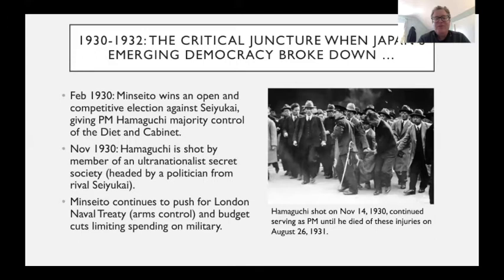At the time, universal manhood suffrage was instituted in 1925. Part of the legislative deal that made this possible was giving the governments extensive police powers to make sure that the unions and other opponents of the regime were not able to threaten the state's authority.